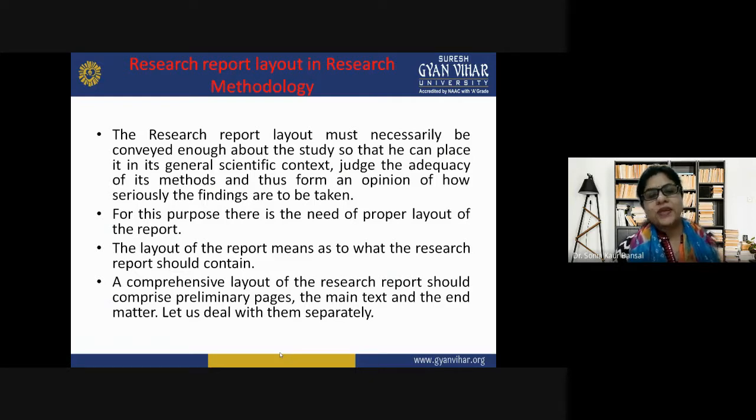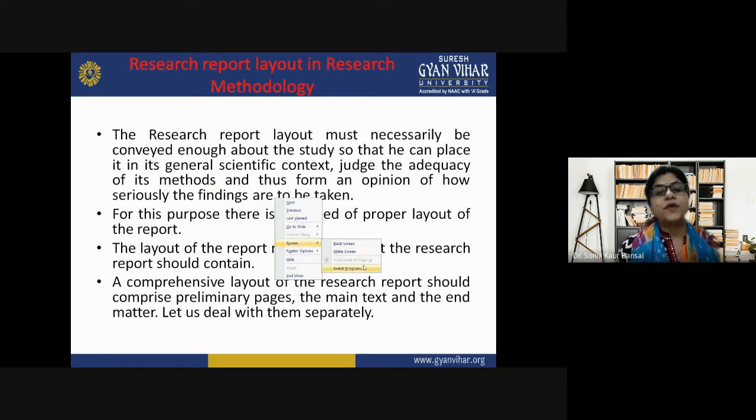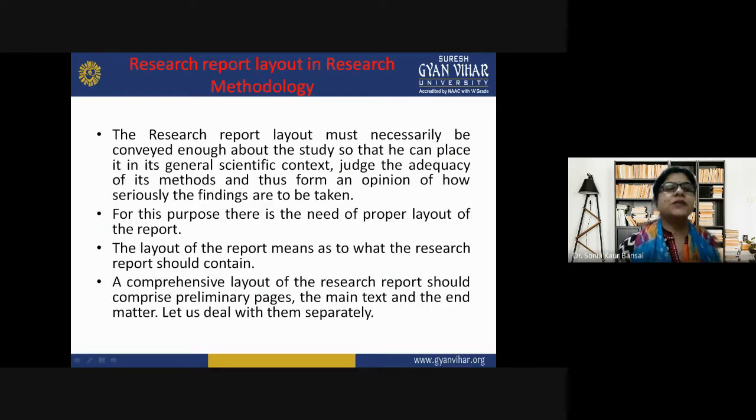A comprehensive layout of the research report should comprise preliminary pages, the main text, and the end matter. How should it be, students? It should be very proper and in a proper format. As we all know, research is something we do on some problems and issues.